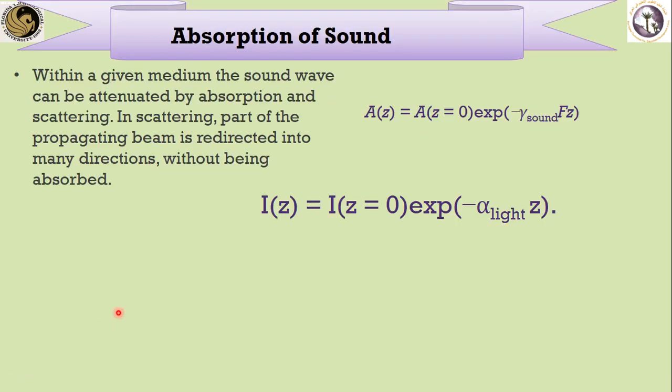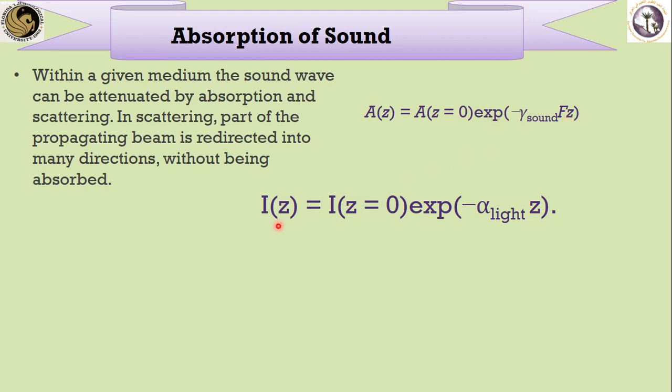For absorption and refraction, we're going to get the equation that works in physics for absorption or attenuation of the sound, اللي هو قابلية الاختراق وقابلية الامتصاص للصوت, where for the sound, A as a function of Z is equal to A at Z equals 0 times exponential minus gamma f z.